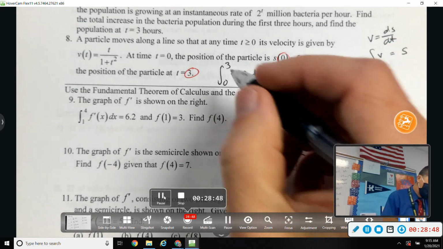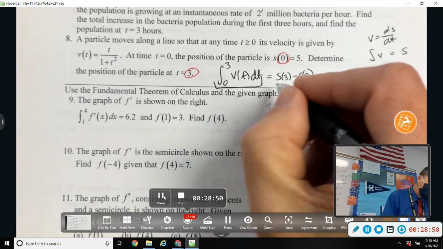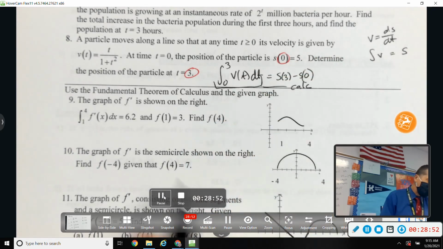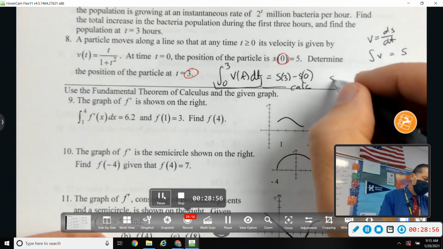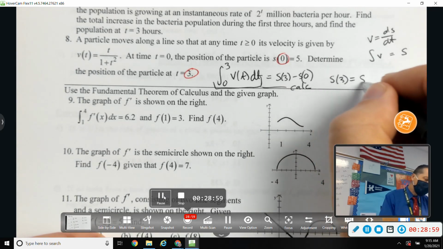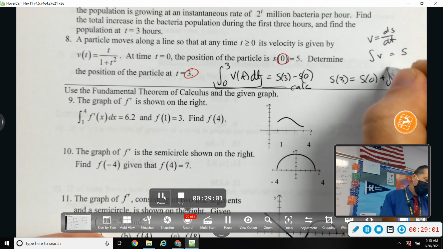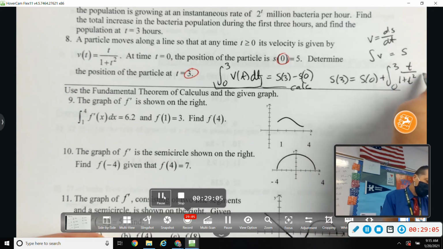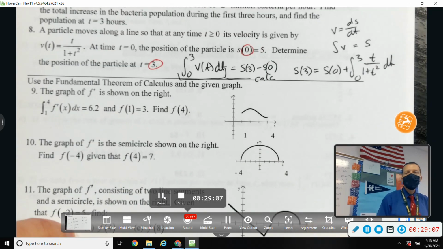But this is a calculator thing now, right? I can integrate that in the calculator. And I know what s of 0 is, so this is just s of 3 equals s of 0 plus the integral, whatever that is. But again, it's a calculator problem.